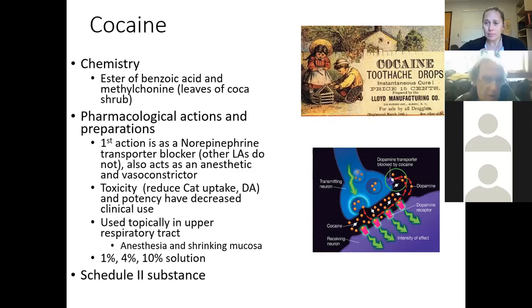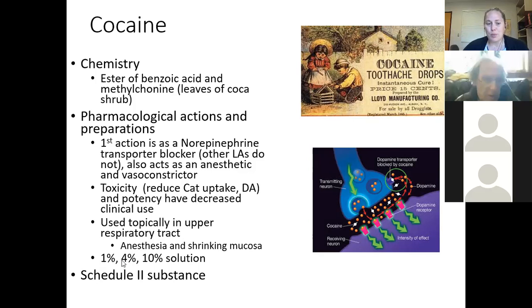Yeah, it's interesting to note. When we think of cocaine, I think we primarily focus on that first action as a norepinephrine transport blocker and its interaction with dopamine. But it does act as an anesthetic and a vasoconstrictor, and to that degree it's still used sometimes clinically as an anesthesia, and also to shrink the mucosa. That allows, in some surgical instances, a better view of the area.